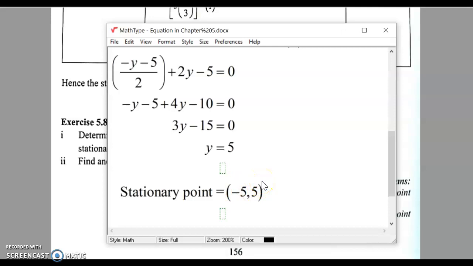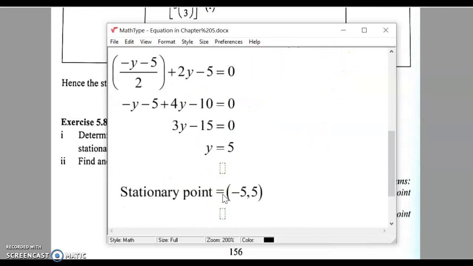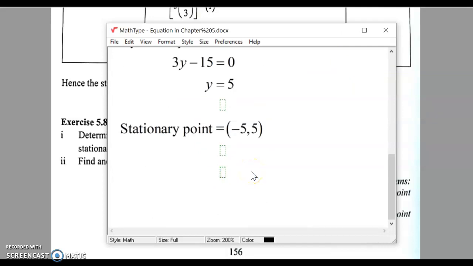In other words, this function only consists of one stationary point. You can also imagine that the function only has one horizontal line, one slope that is equal to 0. So one point only.